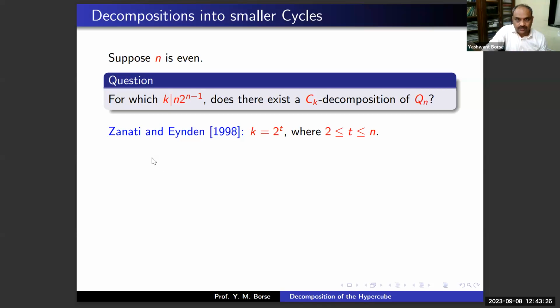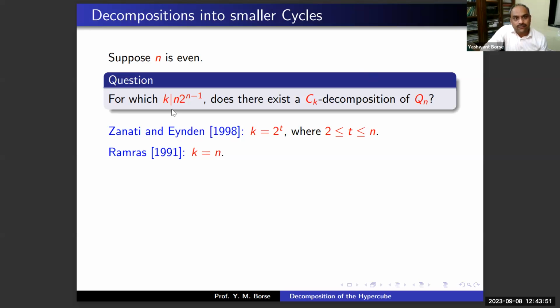So let us see the early results. Ramras in 1991 proved that Ck decomposition is possible when k is small, that is n. Then Zanati and Eindon proved that if k is a power of 2, then Ck decomposition is possible.